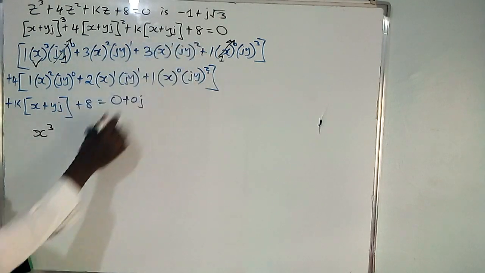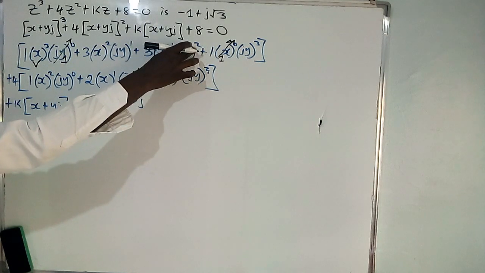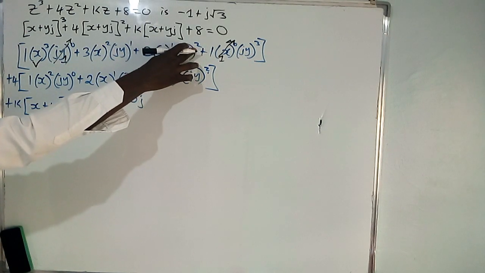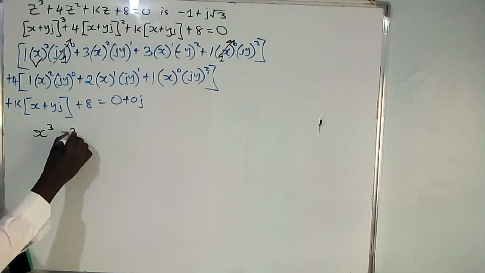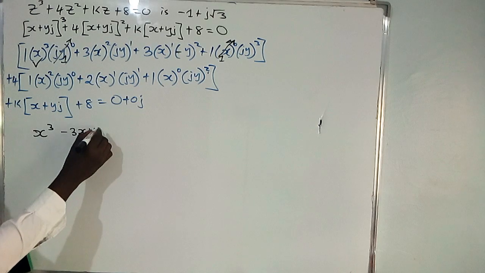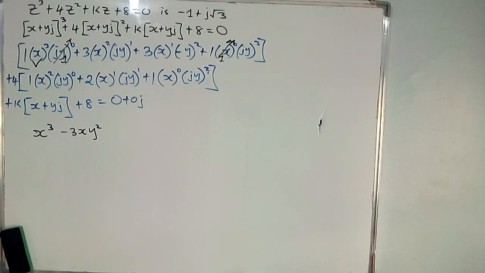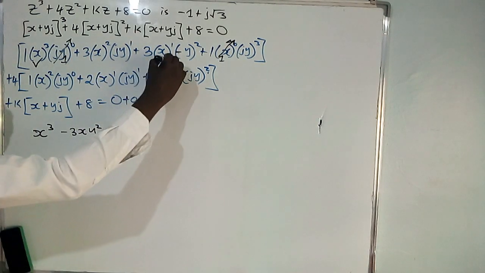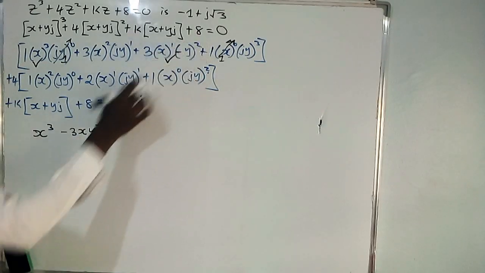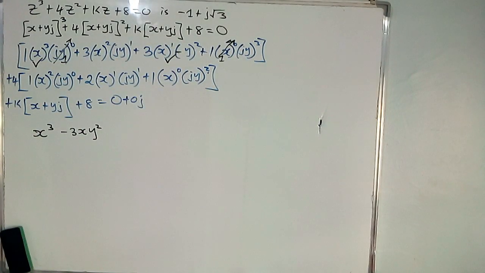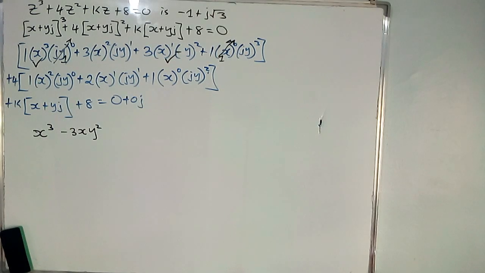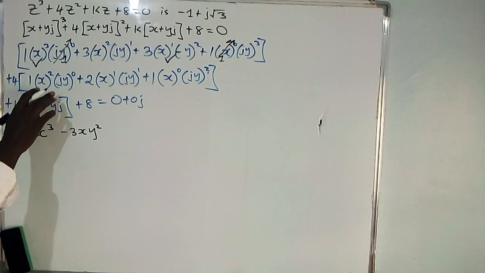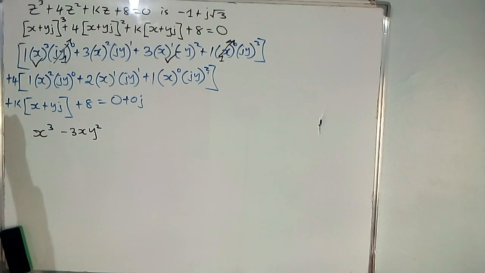J squared is -1, so we are going to have -3xy squared: -1 times 3 is -3. So we have -3x raised to power 1, y raised to power 2. We are done with that. The last term there has j raised to power 3. That is not real. Are we together? We are done there.